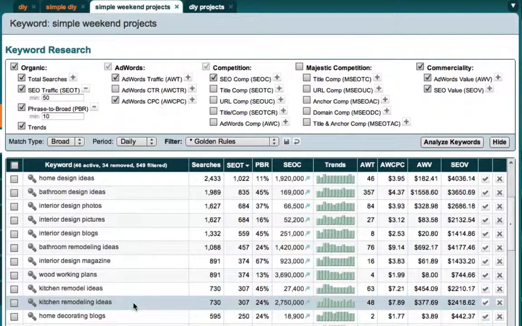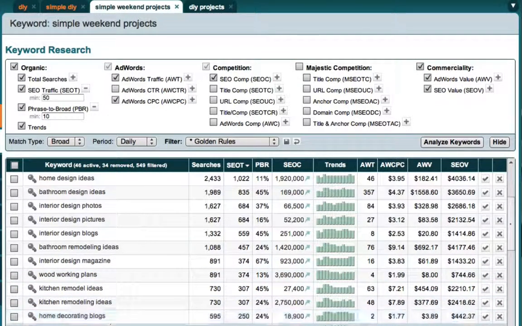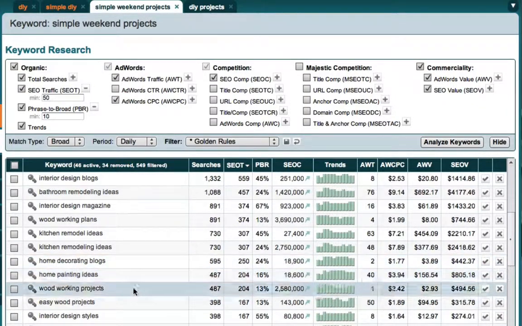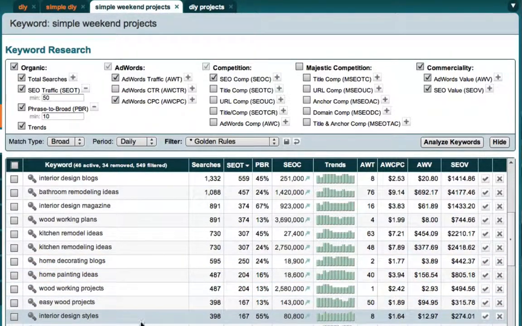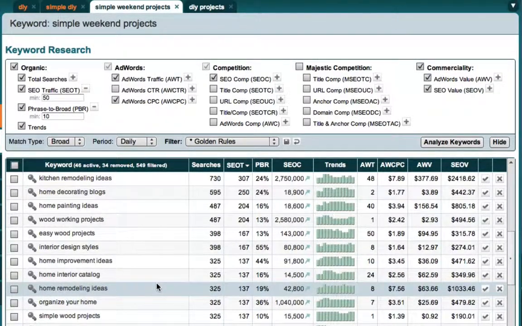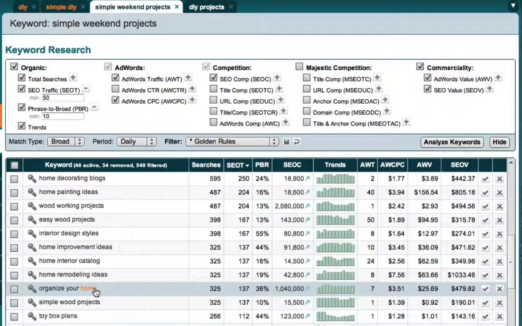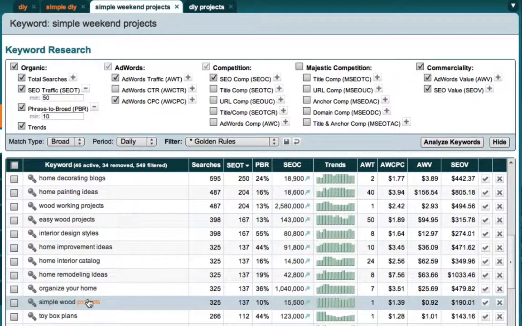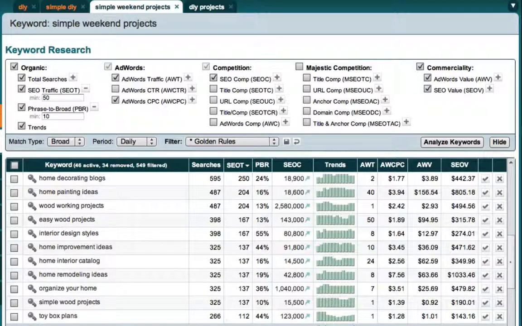Kitchen remodel ideas, kitchen remodeling ideas, home painting, woodworking, easy wood projects, home improvement ideas. Now you see, the majority of these people here organize, storage solutions, simple wood projects, toy box plans. Now this here fits my ideal audience.